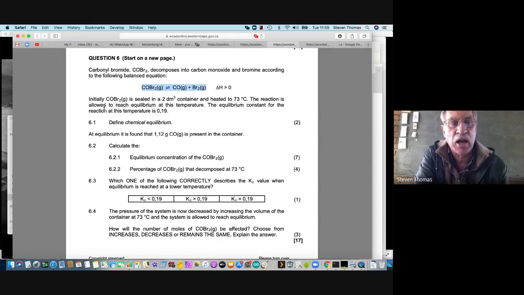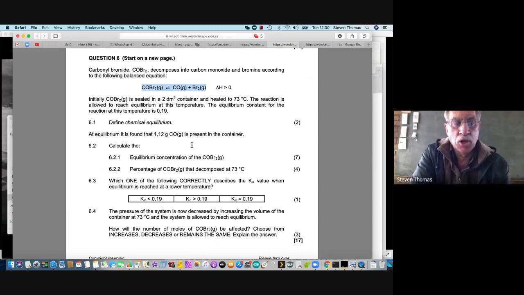The reaction is allowed to reach equilibrium at this temperature. The equilibrium constant for this reaction is 0.19. Define chemical equilibrium. At equilibrium, it is found that 1.12 grams of this is present in the container. Calculate the equilibrium concentration of that and the percentage of that which is decomposed at 73 degrees.